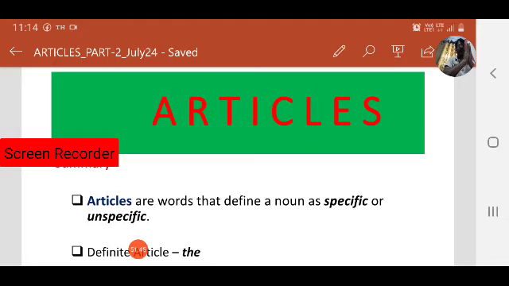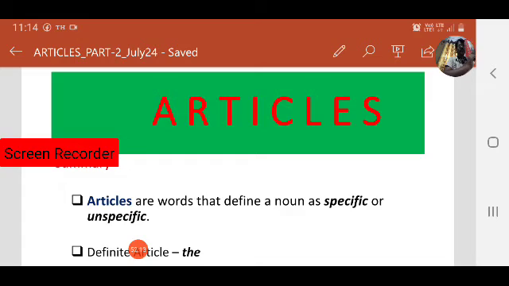Articles are words in English that define nouns, specific or unspecific. Generally we use articles before nouns. Articles are specific or general. For specific persons we use the definite article, for unspecific or general cases we use the indefinite article.